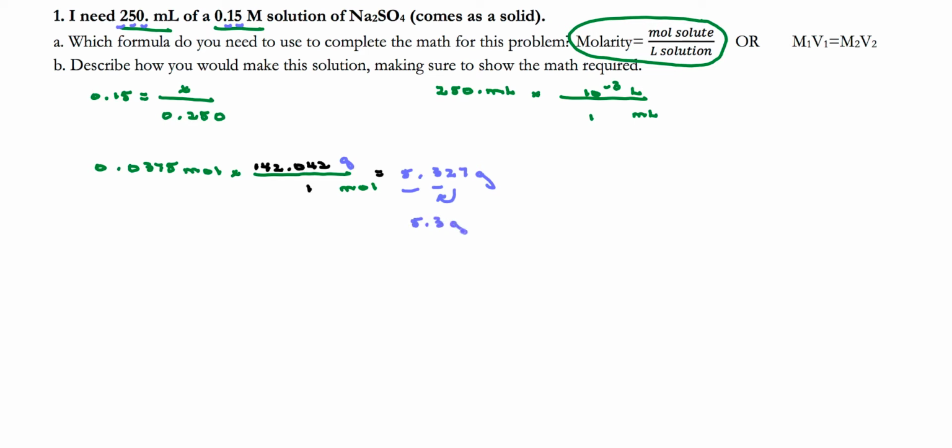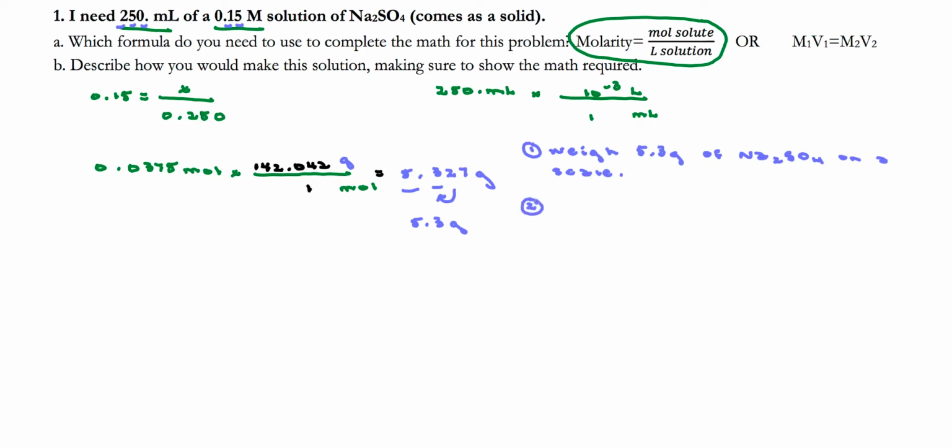Now the question is not asking how much sodium sulfate do I need, it's asking you to describe how you would make the solution. So since this is a solid, the first thing that you're going to do is weigh 5.3 grams of your solid on a scale. And then once you've weighed it on the scale, you're going to add it to a graduated cylinder.